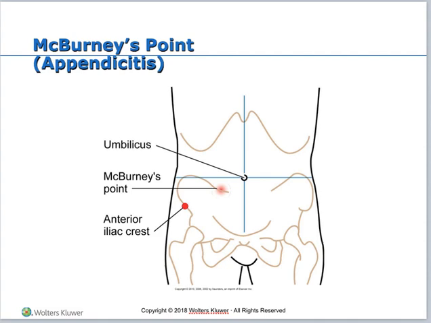Atelectasis occurs when there's a person not taking deep breaths. So they've got a painful abdomen, maybe they just had surgery in their abdomen. It hurts to breathe deeply because with every move of the diaphragm, it increases the pressure in the abdomen where there's inflammation. And so they're not going to be taking deep breaths. So this is when post-surgically, we will encourage them to cough and deep breathe. We will encourage them to hold a pillow to their abdomen and brace themselves.